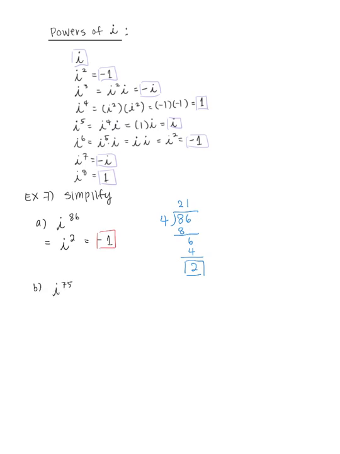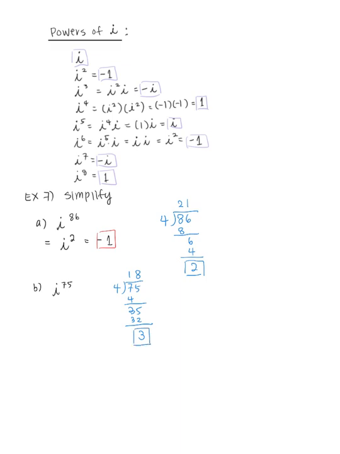Okay, let's do another one. i to the 75th. We're going to do the same trick. I'm going to divide 75 by 4 and then look for its remainder. So how many times does 4 go into 7? Once. Then 35, and then 8 times 4 is 32, and the remainder is 3.